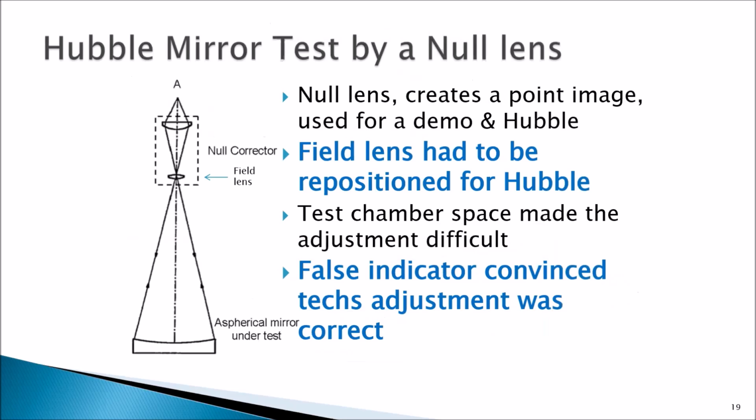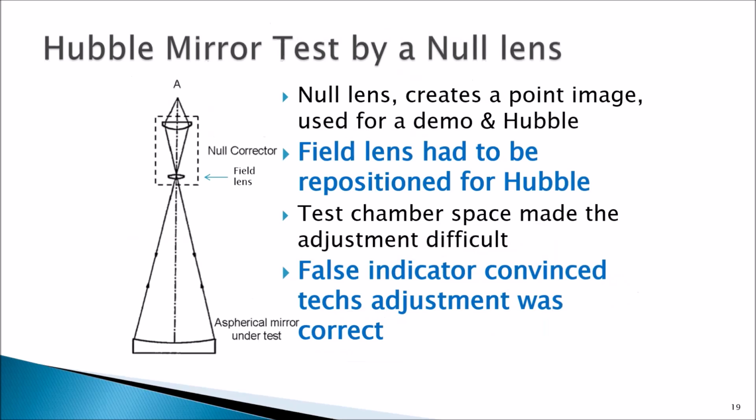So how do you test a hyperbolic mirror? Well, we came up with this concept back in the 60s, long before Hubble, by the way, of using what we call a null lens.